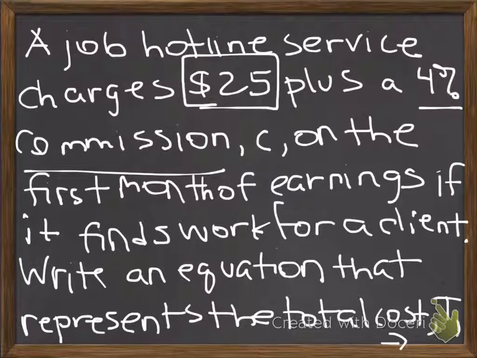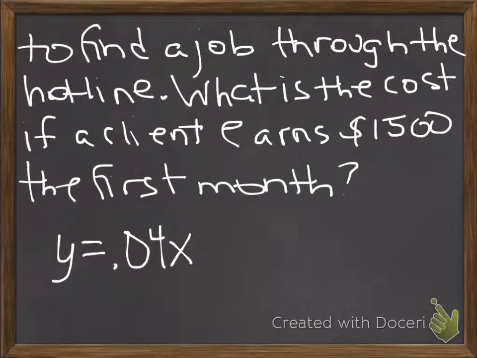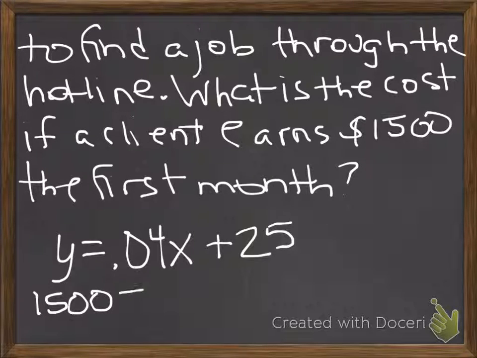So if we write an equation in slope-intercept form, we would need to put y equals our rate as a decimal times x plus our flat fee, which represents the y-intercept. So this would be our equation, and the cost, we would put in $1,500 for y and solve.